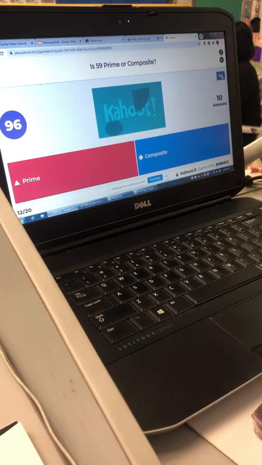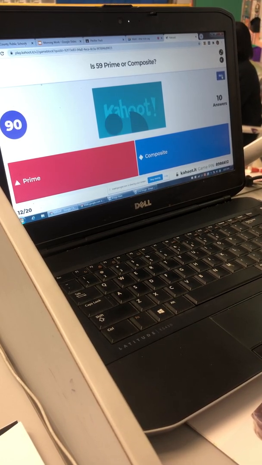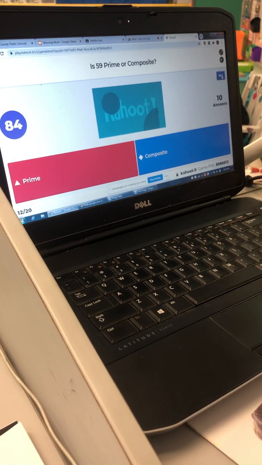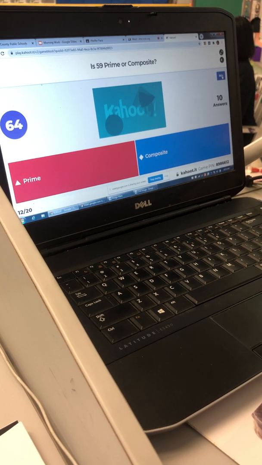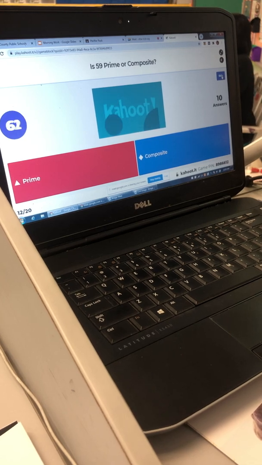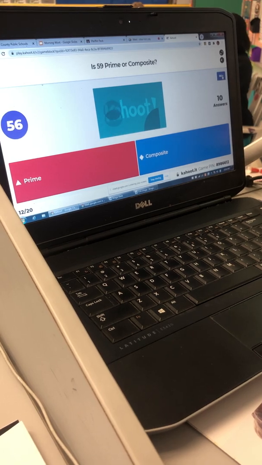Who's going trick or treating? Hey, that's not important right now. Right now we're doing math. You can ask that during recess.